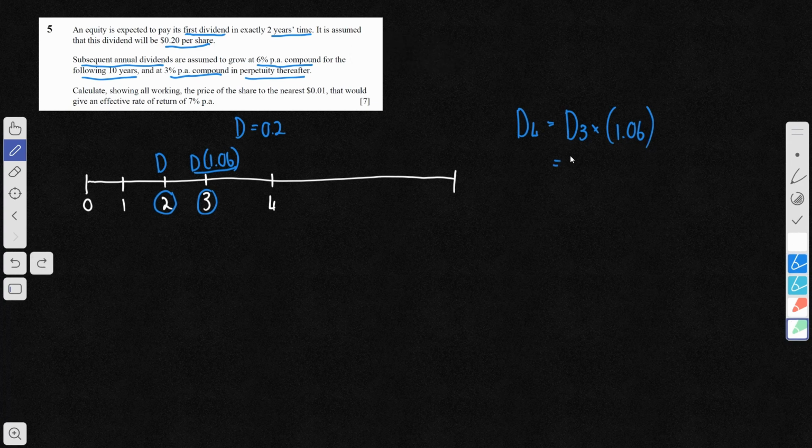If we substitute for D3, this is just our initial dividend multiplied by 1.06. And so the value for D4 will be D3 multiplied by 1.06, which is just D times 1.06 squared. We can now add this to our timeline.